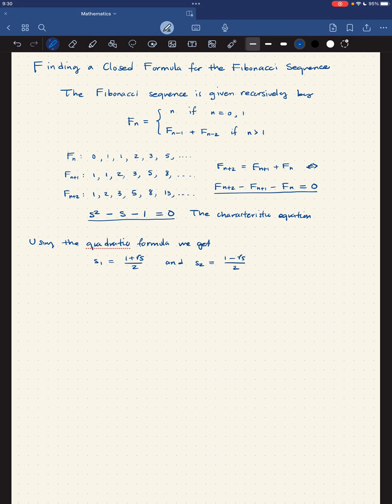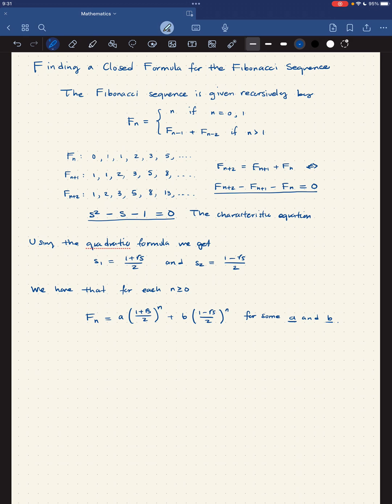In other words, for each n greater or equal than 0, f of n is a times 1 plus the root of 5 divided by 2 to the power of n plus b times 1 minus the root of 5 divided by 2 to the power of n, for some a and b.